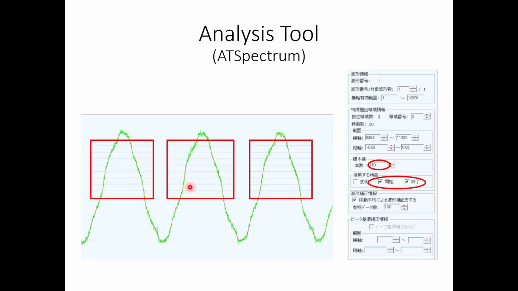We have developed software to perform feature extraction and MT method analysis. This is the screen. First, define a red area on the three mountains with 10 reference lines each, and find the start and end length from each reference line.